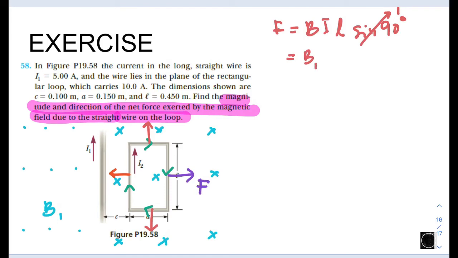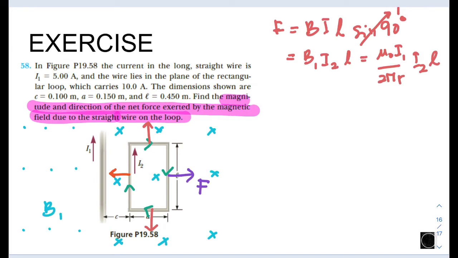B1 I2 L, the L is the same. Then B1 itself is mu naught I1 over 2 pi R, and then I2 L. It's the same, isn't it?